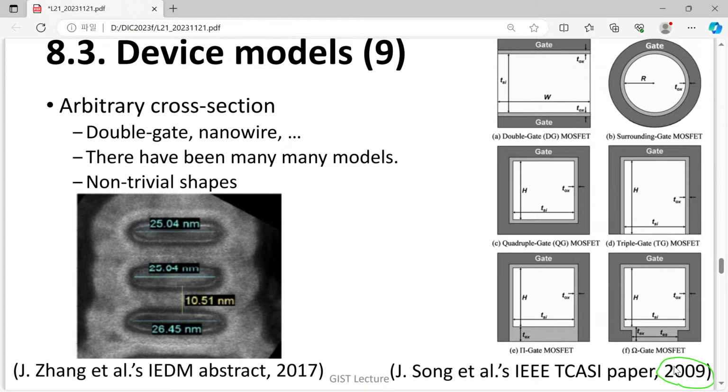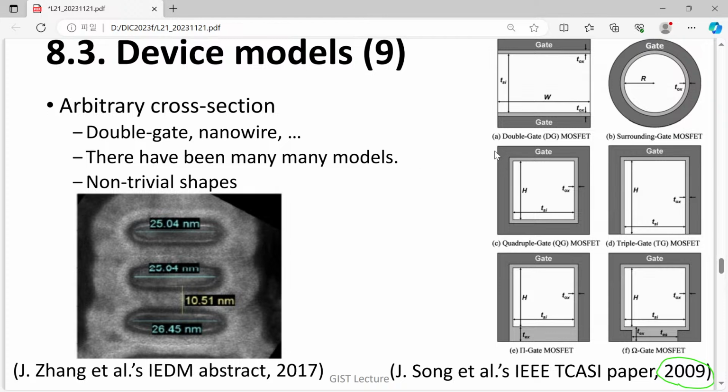That is just well established. However, more than 14 years ago, there was some active debate on which one will be the future transistor.